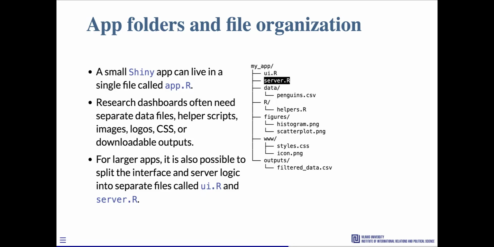But it is important that your main files are either named app.r, and it's all in one place, or if you're separating them, that they're named exactly UI and server. And then you can make use of all of this projects. Also, as a general rule, keeping figures, outputs, etc., all in their own folders really helps in life.